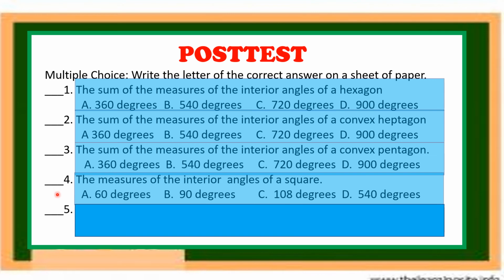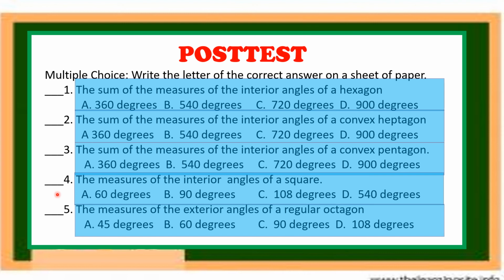Letter B, 90 degrees. Letter C, 180 degrees. Letter D, 540 degrees. Number 5, the measure of the exterior angles of a regular octagon. Letter A, 45 degrees. Letter B, 60 degrees. Letter C, 90 degrees. Letter D, 108 degrees.